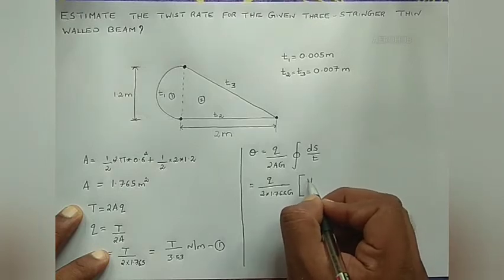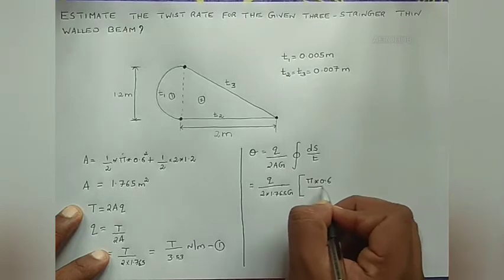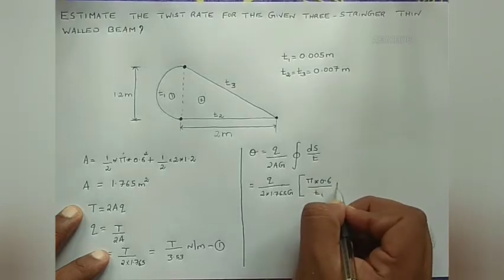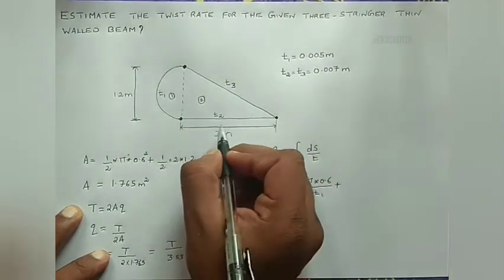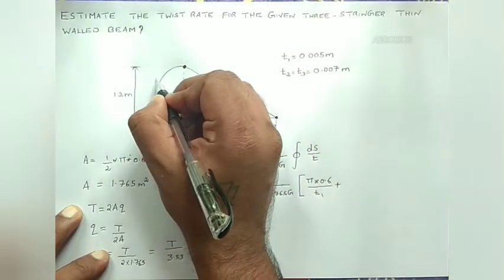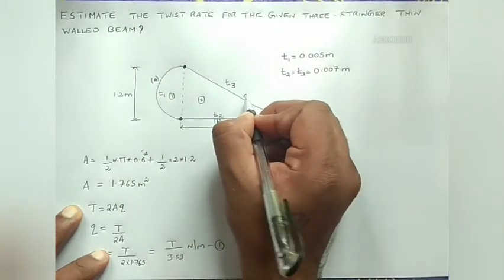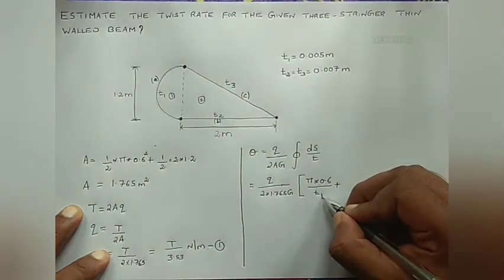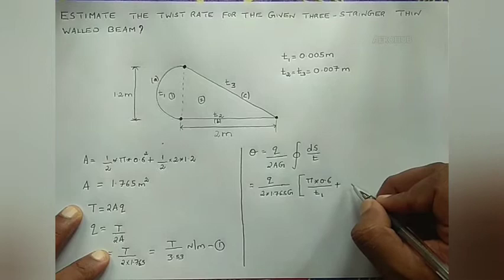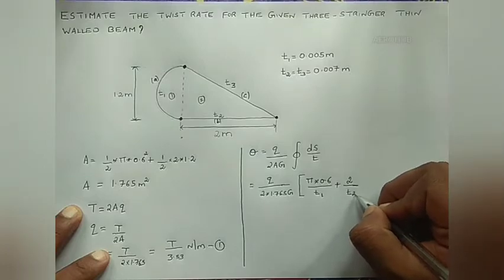So pi into 0.6 divided by the thickness T1, plus the second section. I'll call them section A, section B, and section C for the triangle. T1 is the thickness of section A. The total length of section B is 2 meter, which is already given, and the thickness is T2.